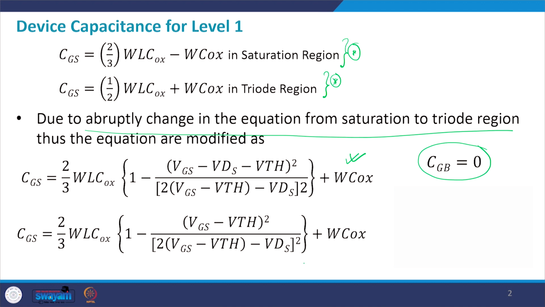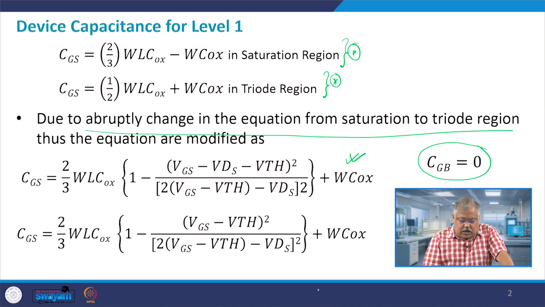If you look at the saturation and the triode region, you still have the square law coming into the picture. The square law is still there. So, VGS minus VTH is basically the overdrive voltage, and that gives you the effective value.